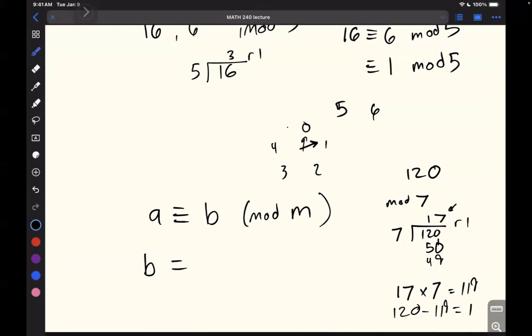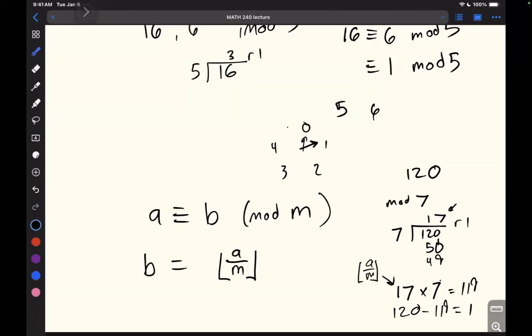An equation of that is: first we had A divided by M, but we didn't take the whole thing, we found the floor of that. That would give us 17. So that's A divided by M, floor.